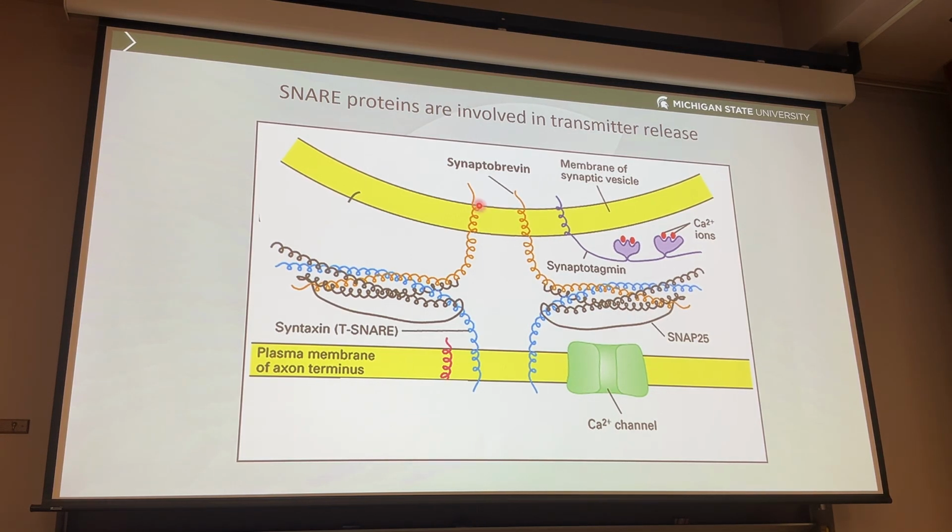And then what it will do is physically pull these membranes together, and then the membrane will part and it will open up and spill its cargo, the neurotransmitter, out into the synapse. And that's how neurotransmitter is released. That's how action potentials are coupled to neurotransmitter release. And once again, this process at the molecular level is facilitated by SNARE proteins.